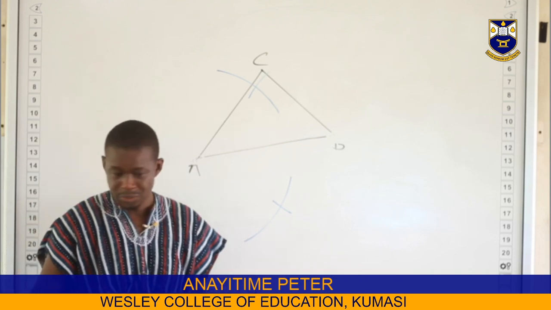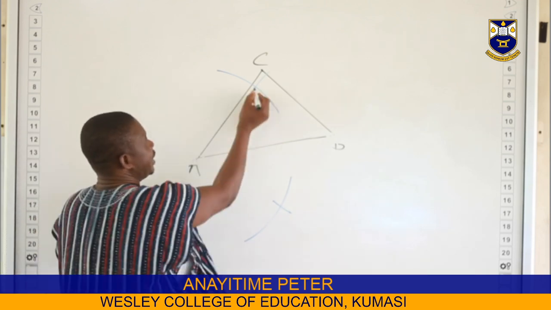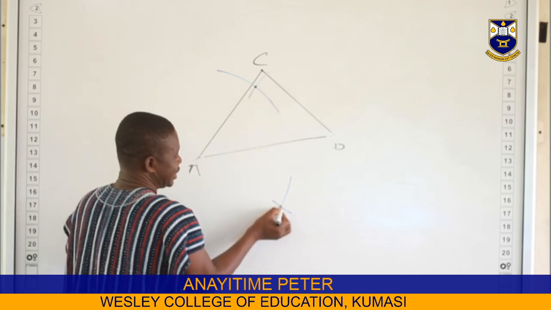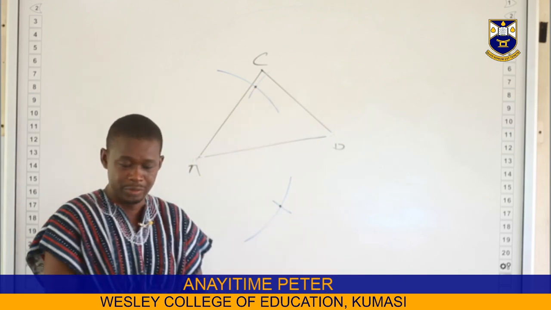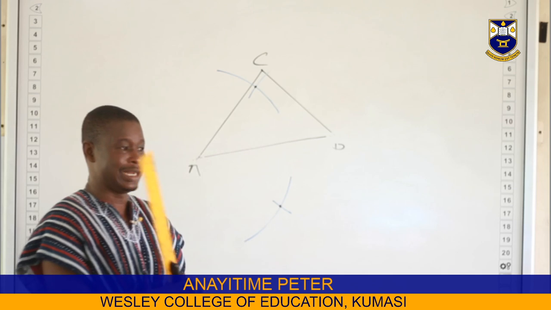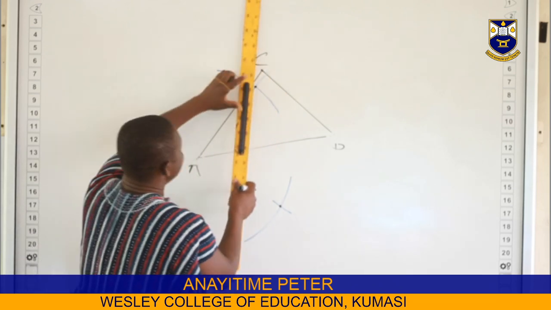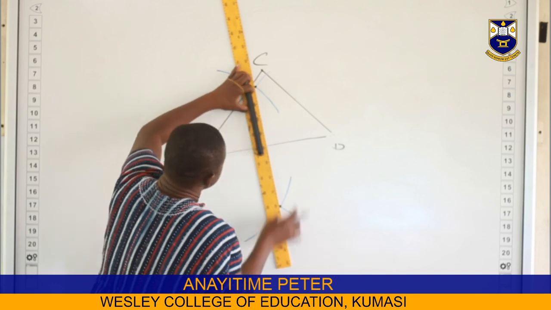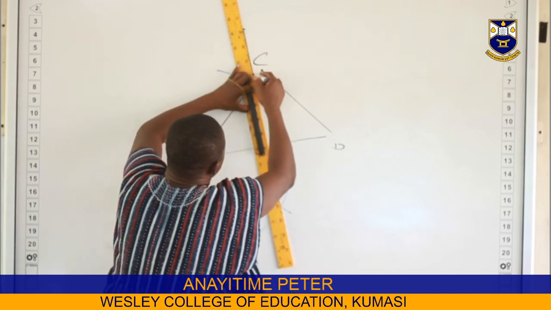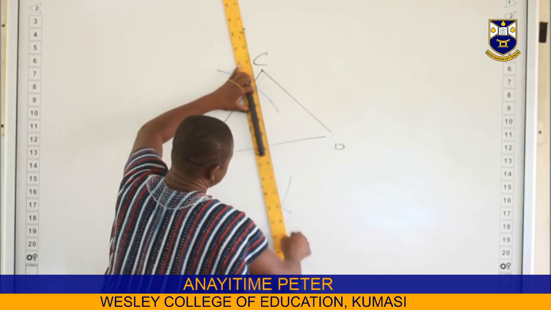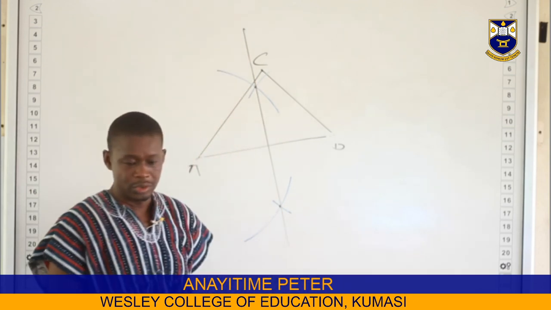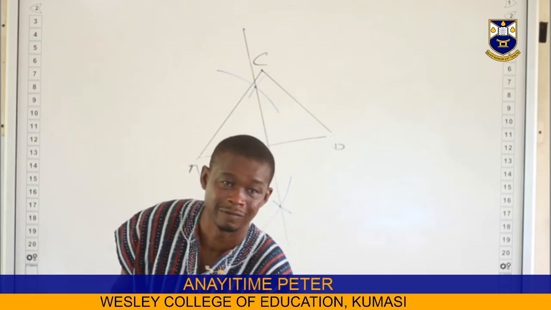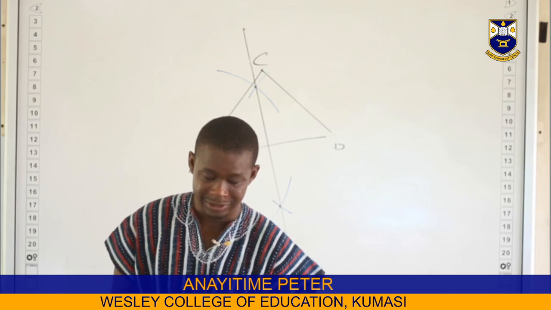So we now have the meeting points. We use our ruler, that is the straight edge, to join them. Make sure you join it very well. Good. So this is the bisector of line segment AB.